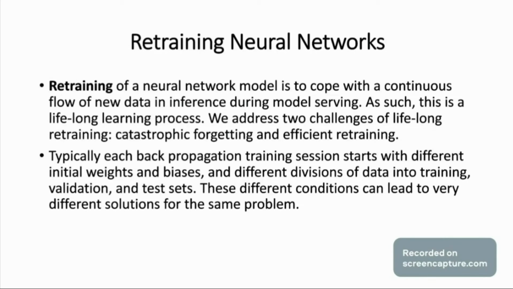We address two challenges of lifelong retraining: catastrophic forgetting and efficient retraining. Typically, each backpropagation training session starts with different initial weights and biases, and different divisions of data into training, validation, and test sets. These different conditions can lead to very different solutions for the same problem.